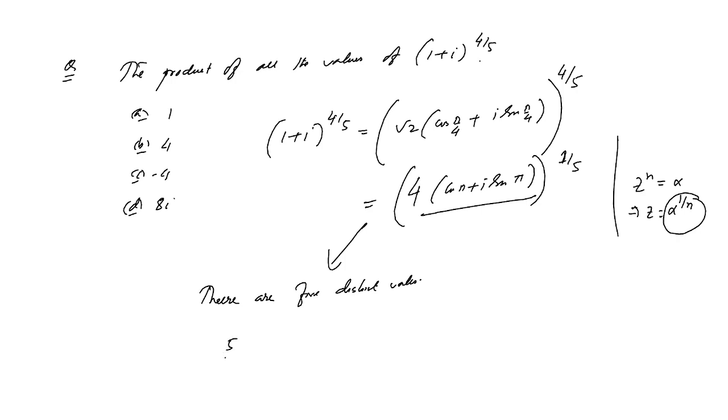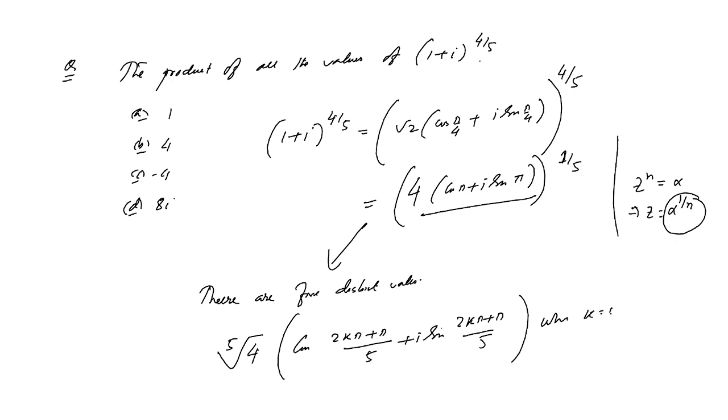The 5 distinct values will be the fifth root of 4 times cos of (2k pi plus pi) by 5 plus i sine of (2k pi plus pi) by 5. What is k? K equals 0, 1, 2 up to 5 minus 1, that means 4. Now you take the product.